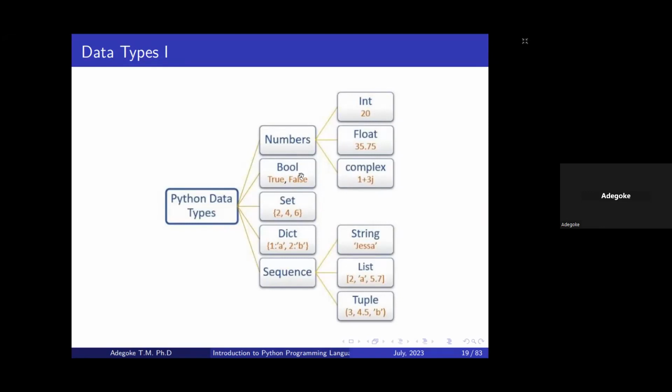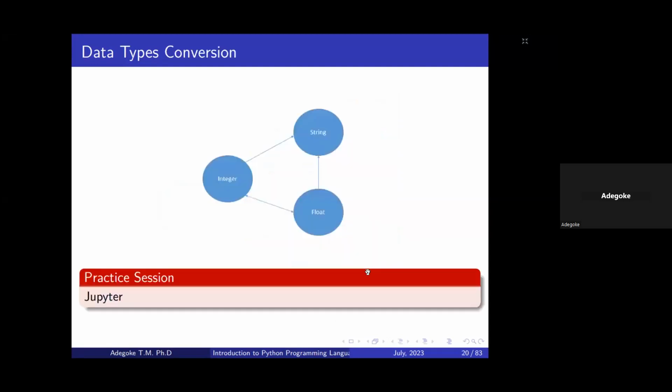Boolean is either true or false, yes or no. And we have another data type called set. We have dictionary, we have sequences. Under sequence, we have string. We have looked at strings so far. There are other data types called list and tuple, which we are going to look at in this study. So we have integer, string, and float. This diagram represents something which I will come back to.